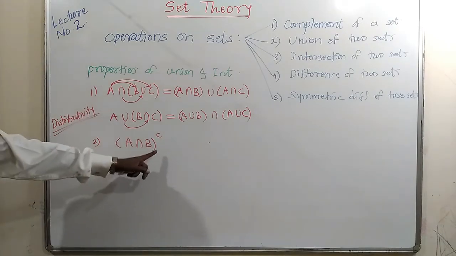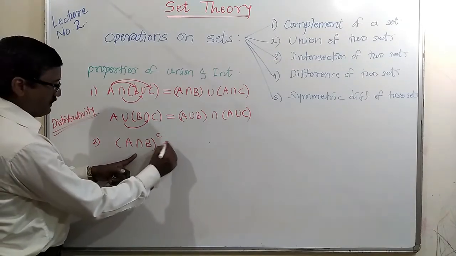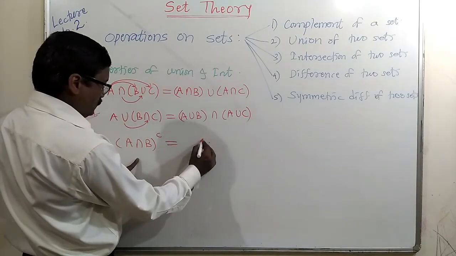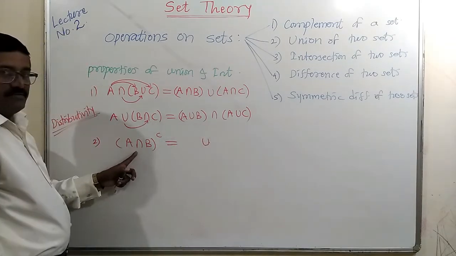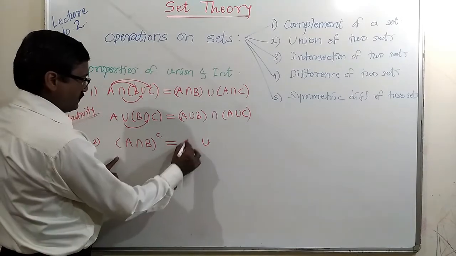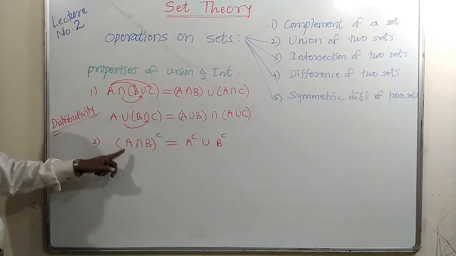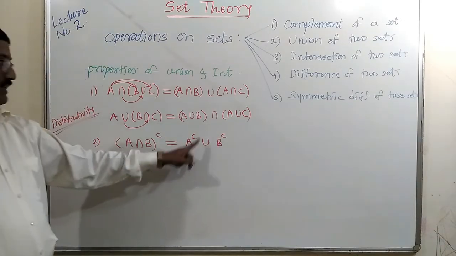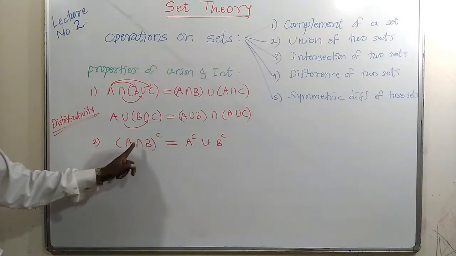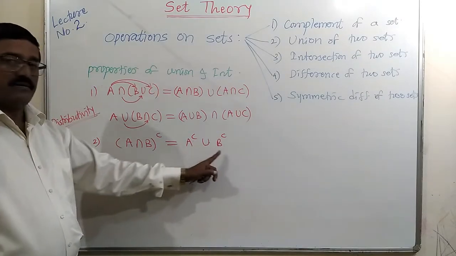This is related to complement operation and intersection operation. Whenever complement of intersection of two sets is given, it is nothing but the union of, instead of intersection we get union of complements of these two sets, that is A complement and B complement. So (A intersection B) complement is equal to A complement union B complement. In words we can say this as complement of intersection of two sets is equal to union of their complements.